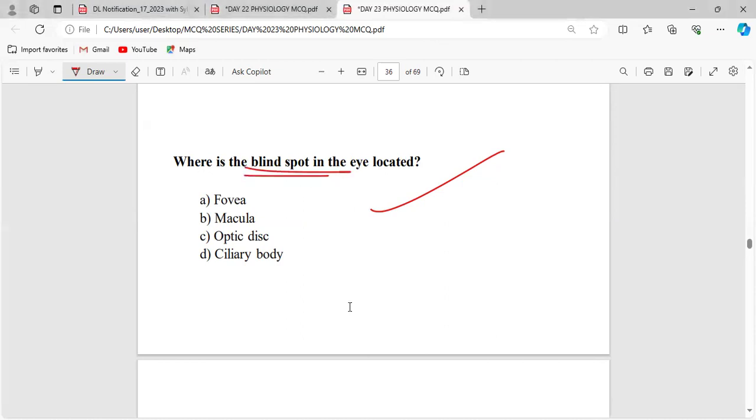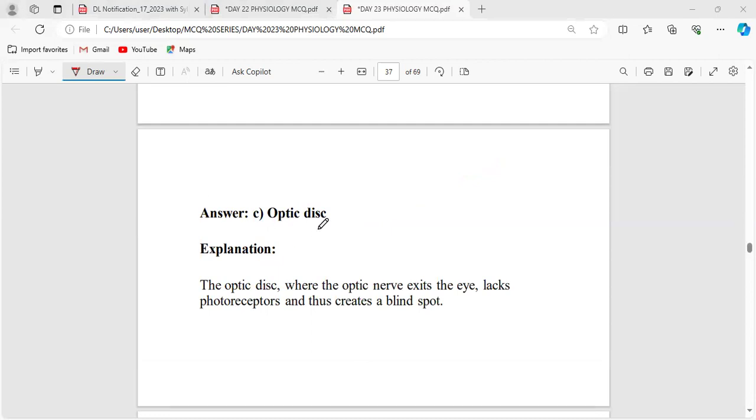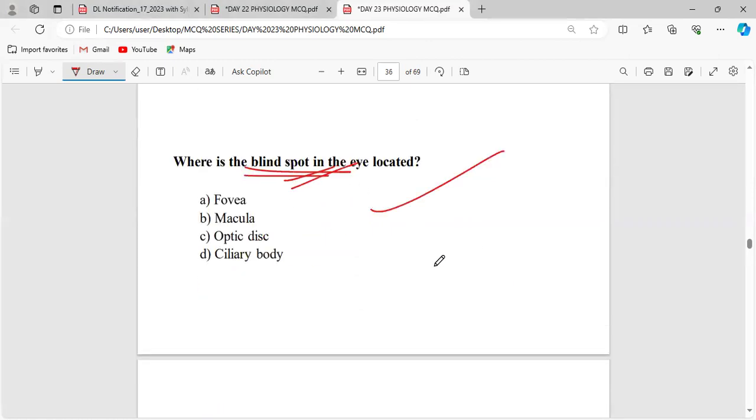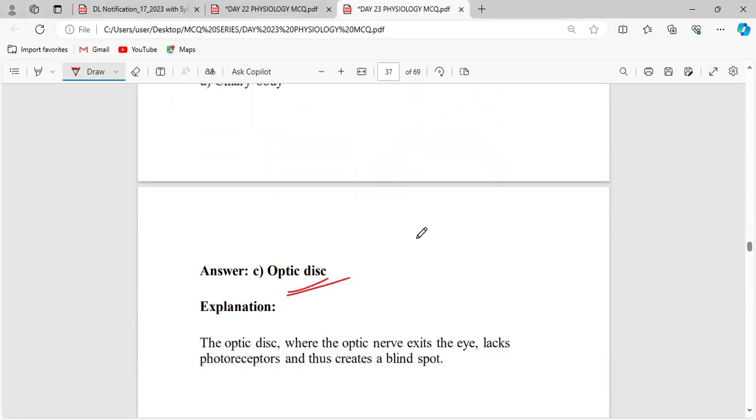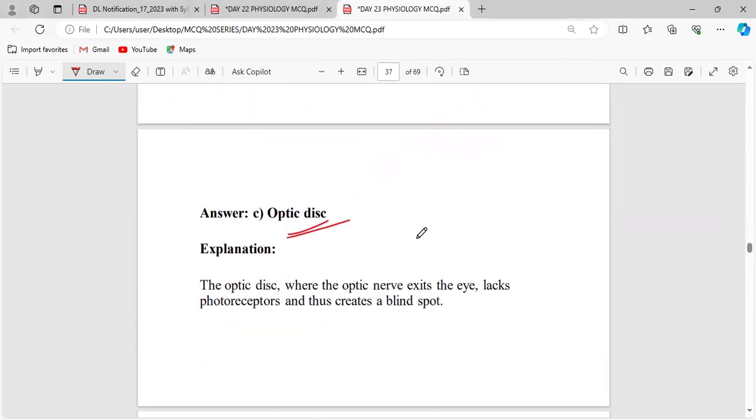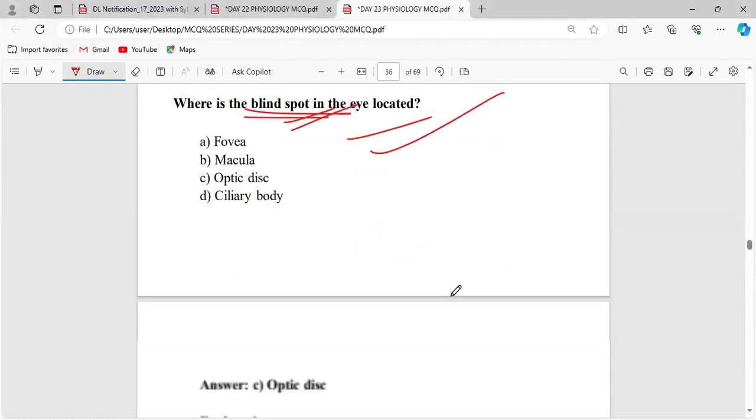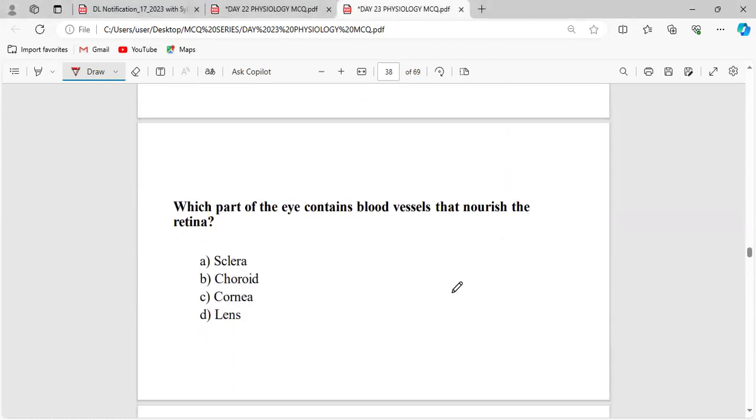Any idea? See, the blind spot is related to the optic disc. This is the area where we find no photoreceptors, no rods and cone cells. That is why we call it the blind spot, through which the optic nerve enters and exits the eye. Very good. So it is exactly located at the optic disc. Don't get confused with that.